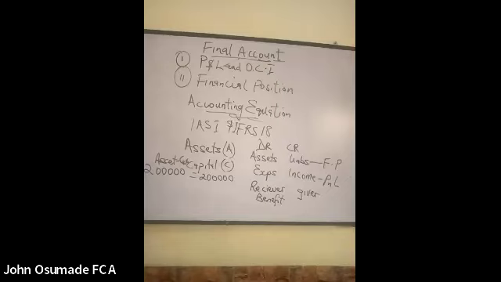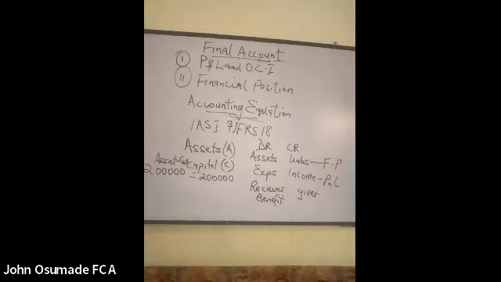Let's agree that you did not pay that 50,000. You buy inventory from your supplier, and you did not pay your supplier. It means that you are owing your supplier 50,000. Is that not so?